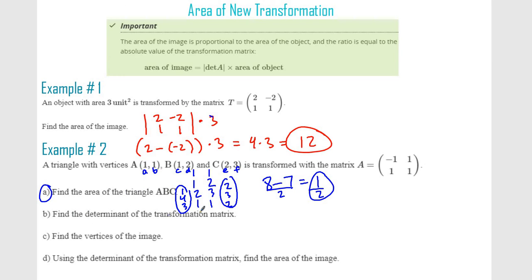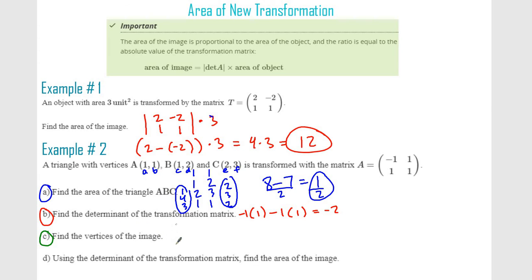Let's see. So find the determinant of the transformation matrix. Okay, so that's the determinant of that one. All right, so that's just -1 times 1 minus 1 times 1. So that's just -2. Simple enough. Find the vertices of the image.